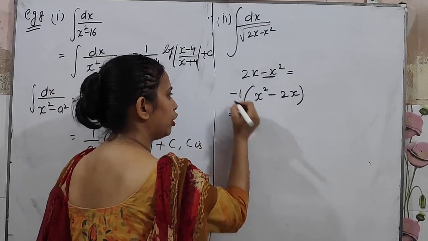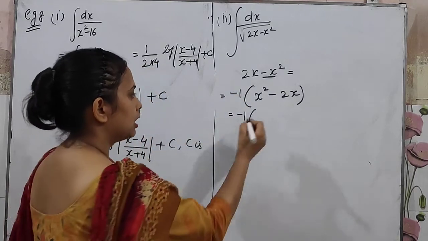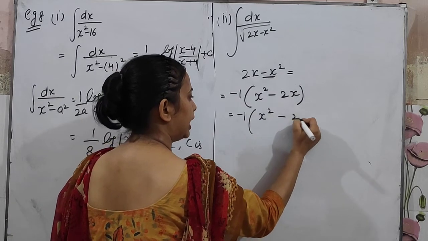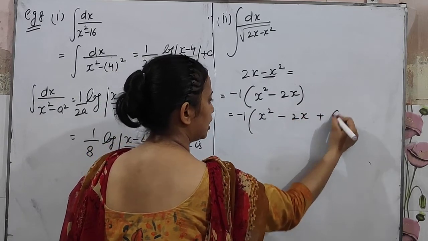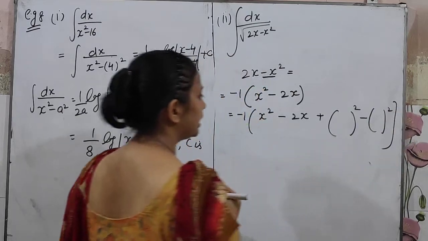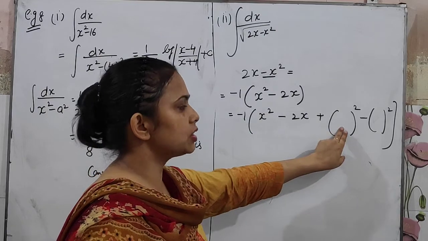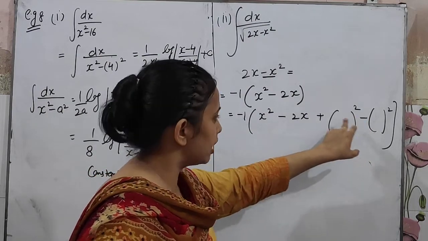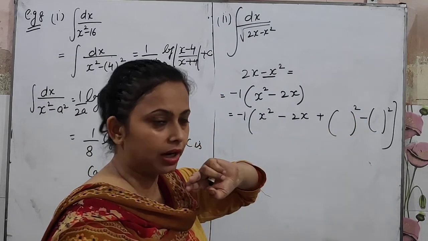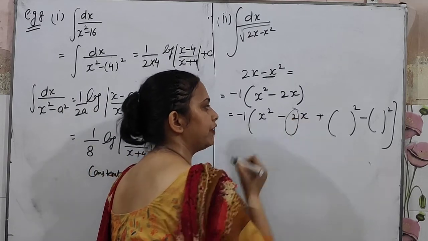After making the coefficient of x square 1, you have to add and subtract the square of a number. What is that number? Half the coefficient of x.